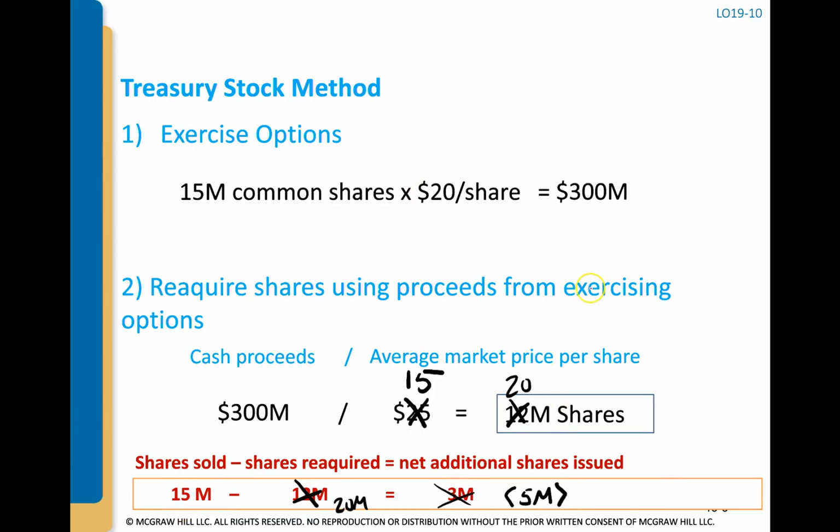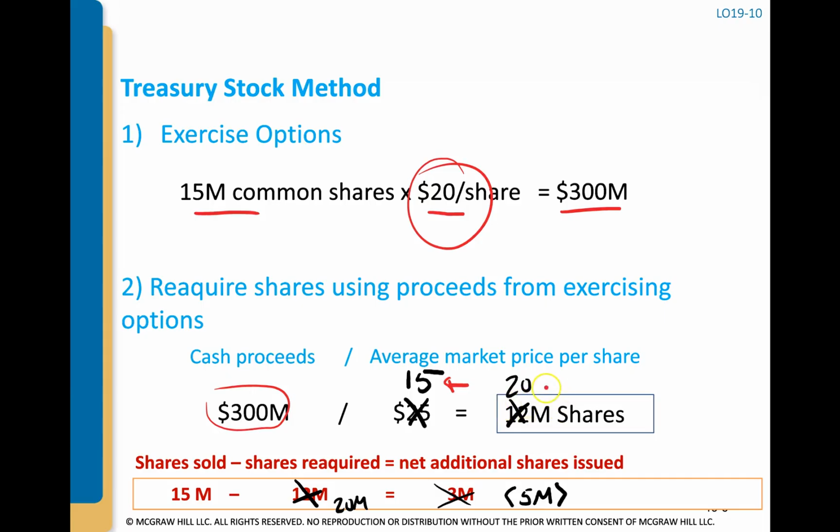Now, what happens in the same example, 15 million shares, exercise price $20, so assume the company receives $300 million. Then they take that $300 million and buy that stock back with that cash. Except in this example, our average market price is $15, which is less than the exercise price of $20.